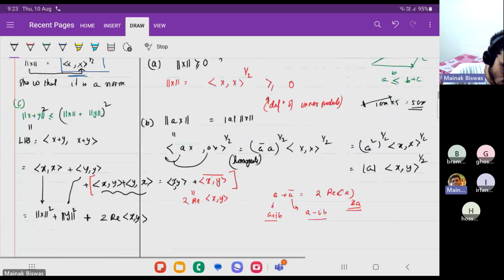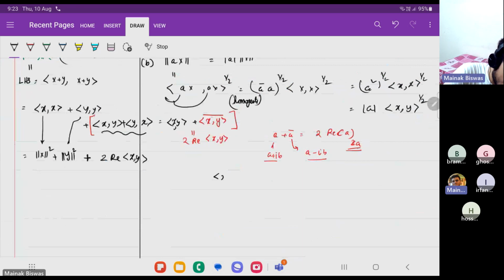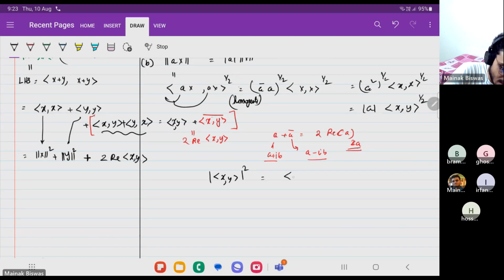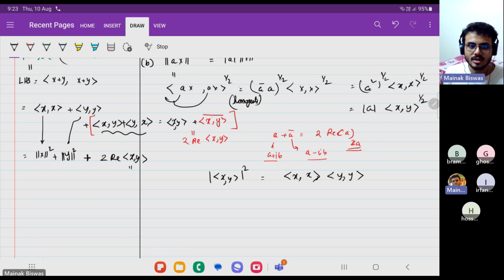Let me just write the Cauchy-Schwarz inequality down. <x, y> whole square is less than or equal to, what did I write? <x, x> <y, y>. So what will I do to this? How will I convert it to an xy squared sort of a thing?